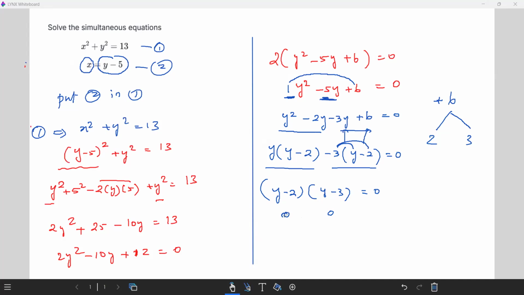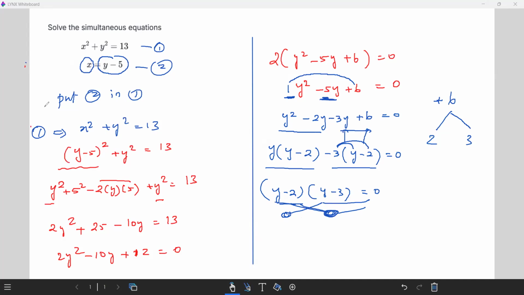If I'm saying this factor is 0, 0 into anything is 0. If I'm saying this other factor is 0, this factor into 0 is equal to 0.